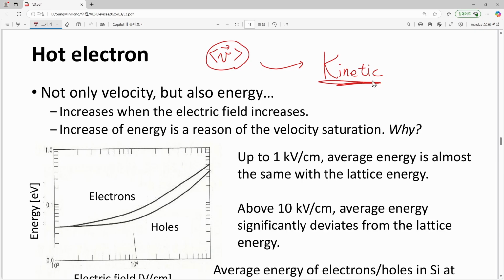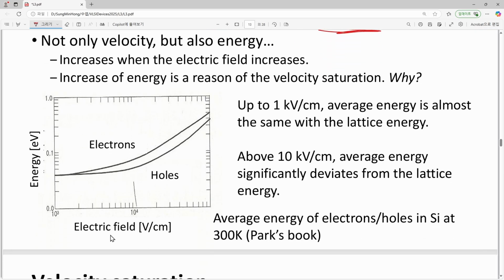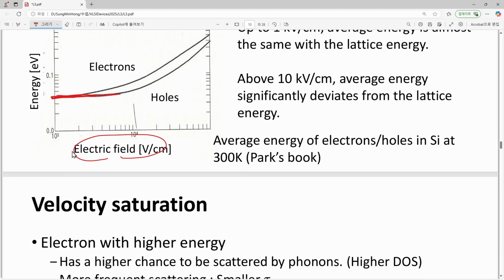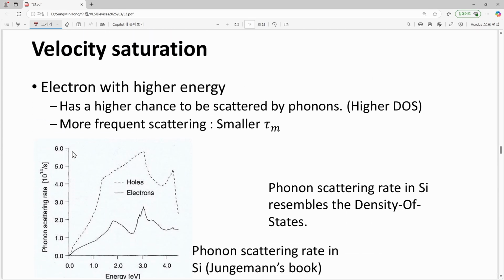So if we apply quite a high electric field, then our electrons' or holes' average energy can deviate from its equilibrium value. That is quite normal. And another important behavior is velocity saturation. Up to now, we have thought that the average electron velocity is just given as this form.